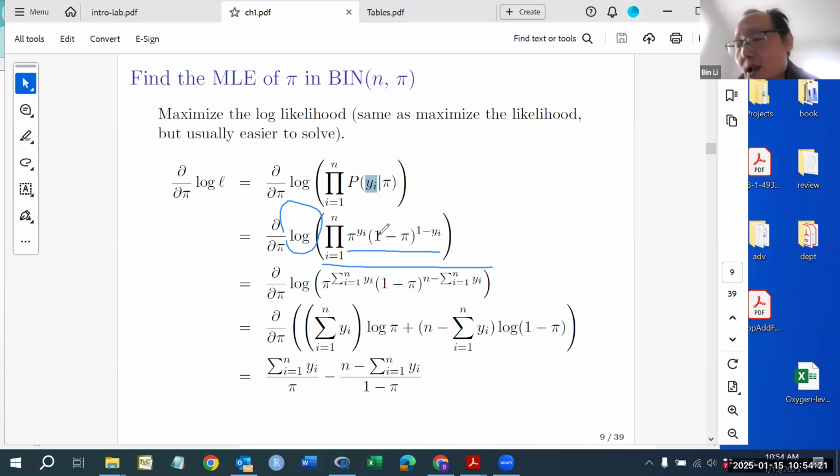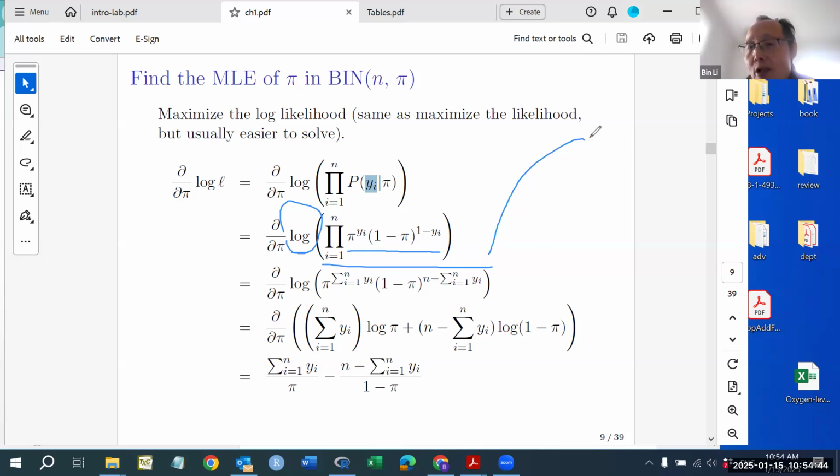You don't have to. The reason we take a log is to simplify it, because the product after we take a log becomes what? Becomes summation. And the summation is much easier, right? But it doesn't change the MLE. Why? Because the log is what? Log is a monotonic function.